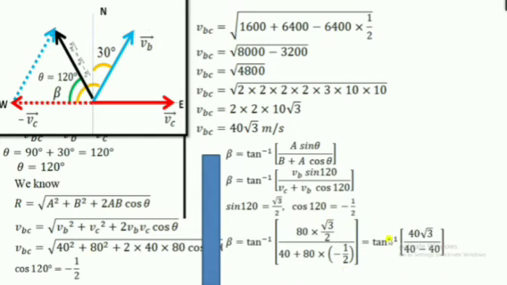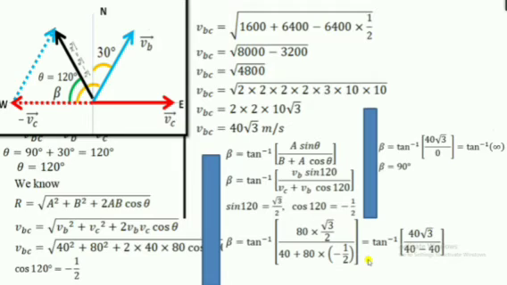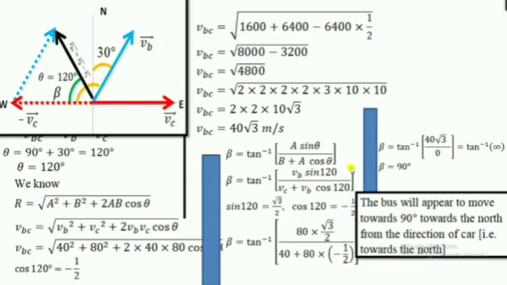So if you put the value, you will get beta to be tan inverse 40 root 3 by 0. So this is something by 0 is infinity. So tan inverse infinity means 90 degree, because tan 90 is infinity. So beta will be 90 degree.